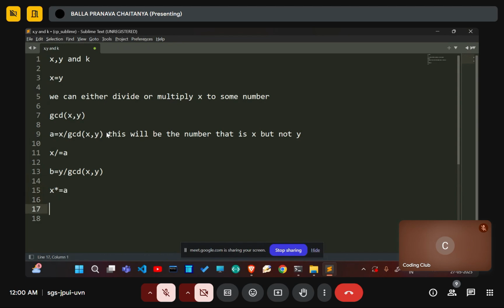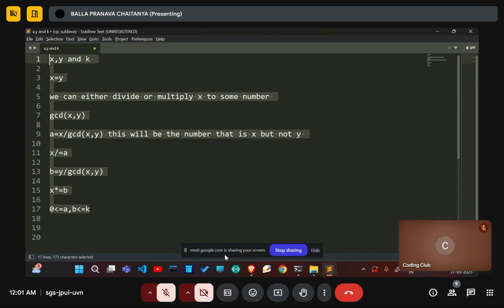We cannot directly divide and multiply by a or b here, because we have to make sure that the numbers lie in the range of k. So after finding the GCD in logarithmic time, we have to minimize the operations.